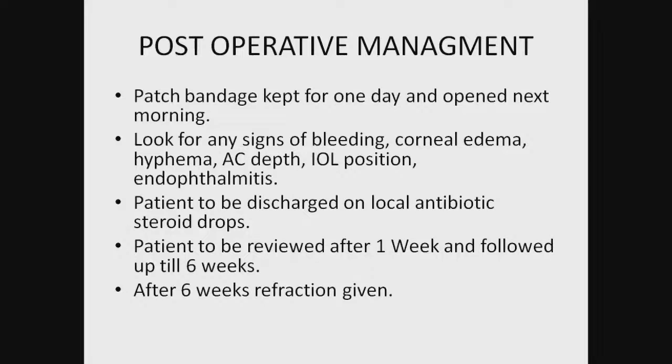Nowadays the prognosis of endophthalmitis has changed, it is good due to these intravitreal injections. So you have to give intravitreal injections like vancomycin or amikacin. With this, endophthalmitis has a good prognosis.